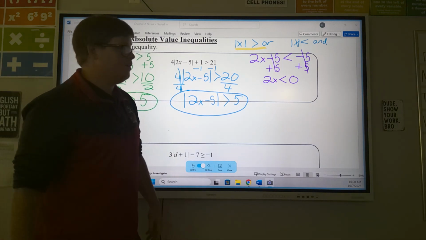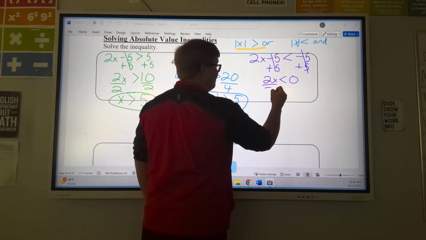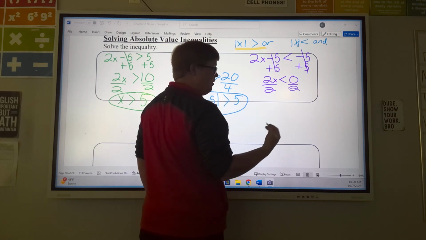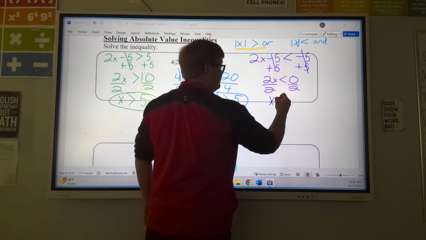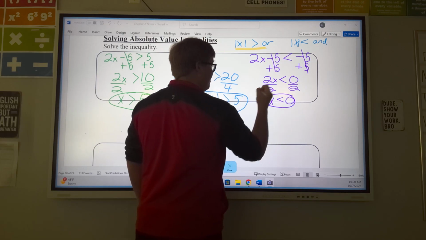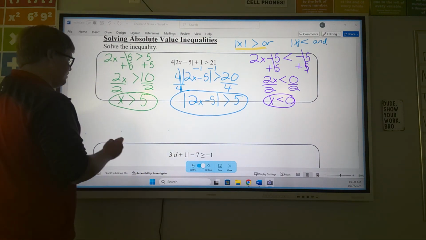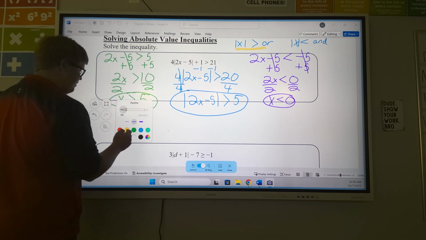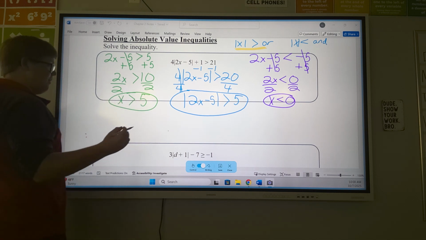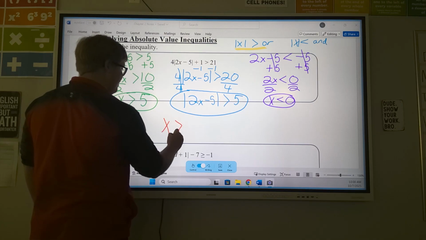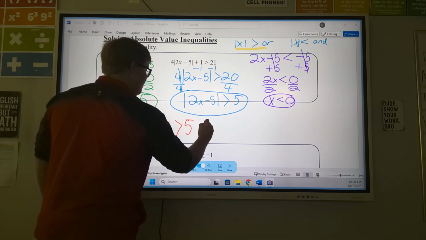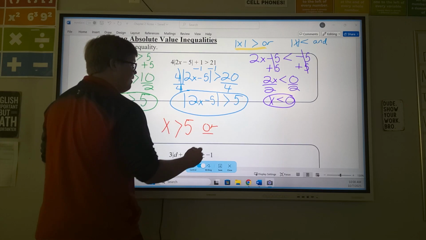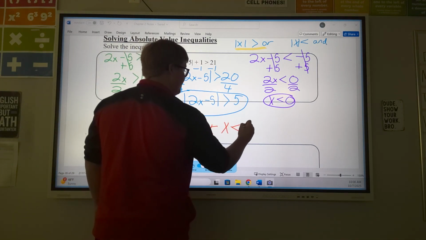Now, all we have to do is divide by 2 again. 0 divided by 2 is 0, so x is less than 0. So our final answer, and yes, I'm going to make you write a final answer, I'll put it in red, is x is greater than 5, or x is less than 0.